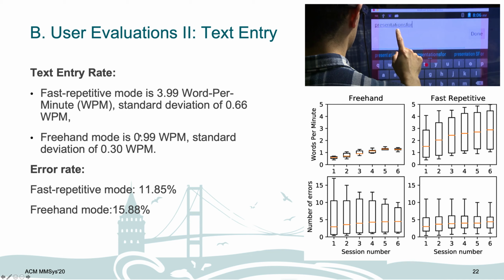And with freehand mode, it is 4 times slower, around 1 word per minute. And for the error rate, because freehand mode needs a lot of mid-air taps and hovering of 500 milliseconds, freehand mode has higher error rates than the fast repetitive mode.